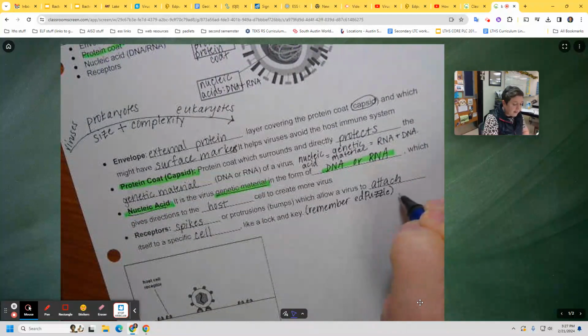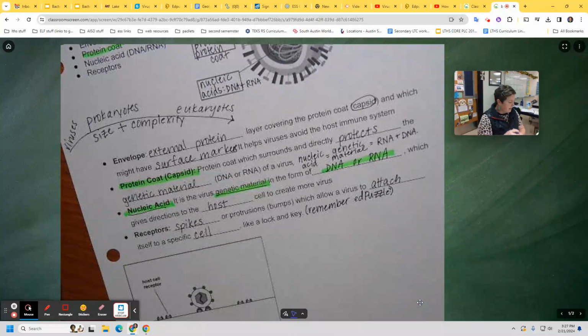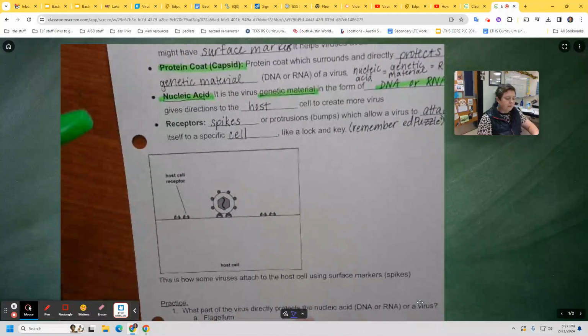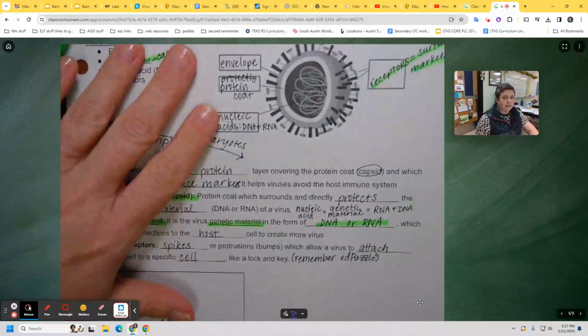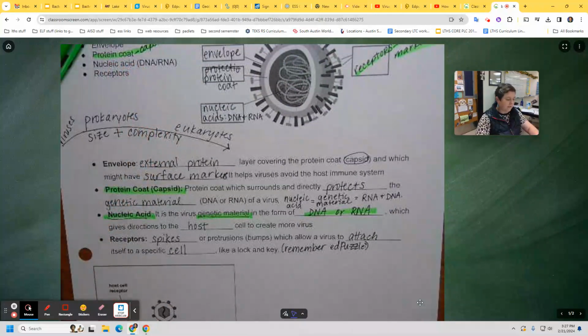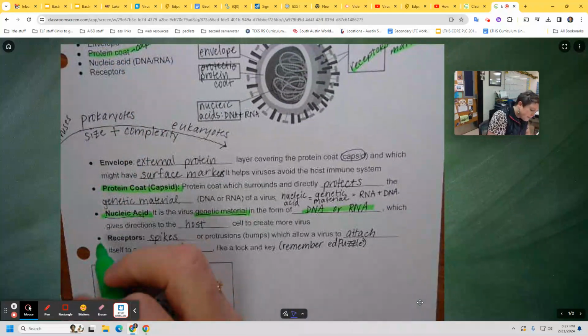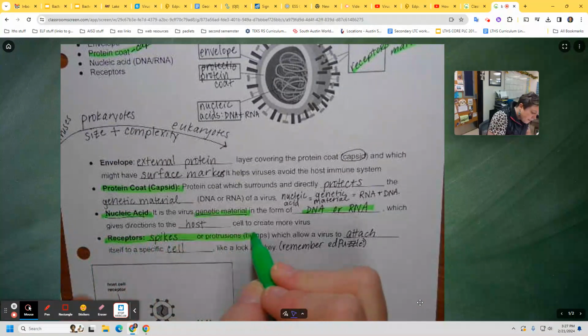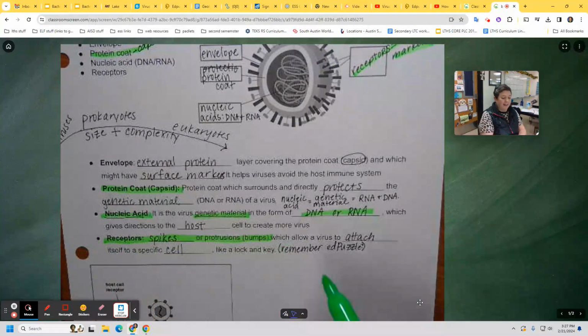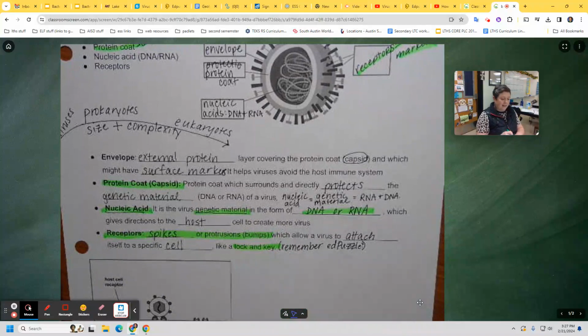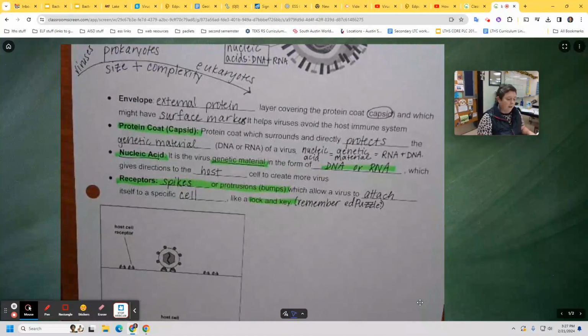If you haven't done that Edpuzzle, you can still do it. Okay, it is for a grade, so make sure you get that done. I think most of you guys did that. Okay. So we have a lot of things here that are the same thing, right? Protrusions, receptors, bumps, okay, key, lock and key, okay.